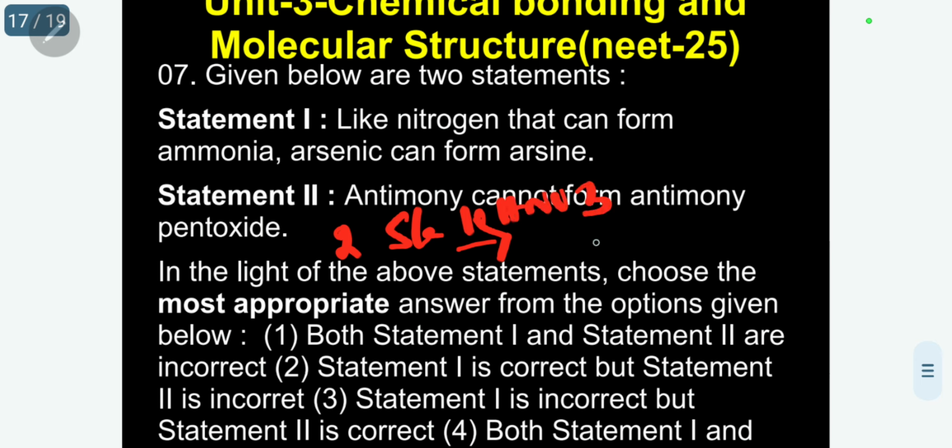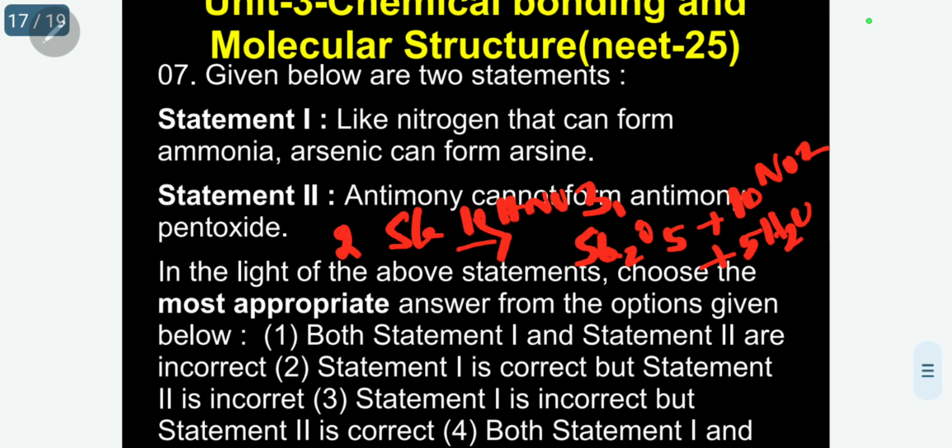So you will get antimony pentoxide plus 10 NO2 plus 5H2O. This is one method. So antimony pentoxide can be formed in the laboratory. A method is available, so the statement that antimony cannot form antimony pentoxide is wrong.